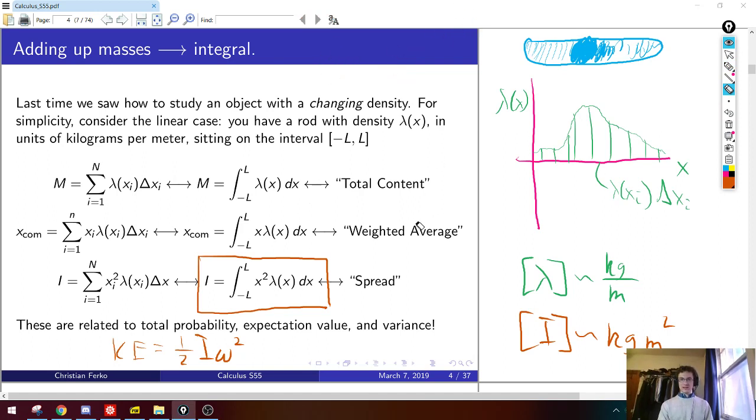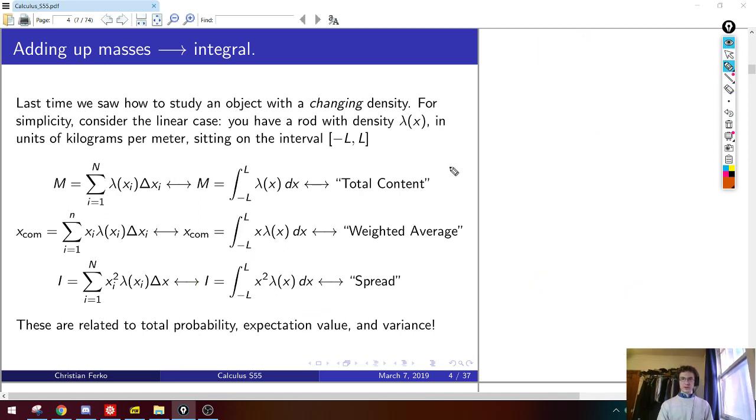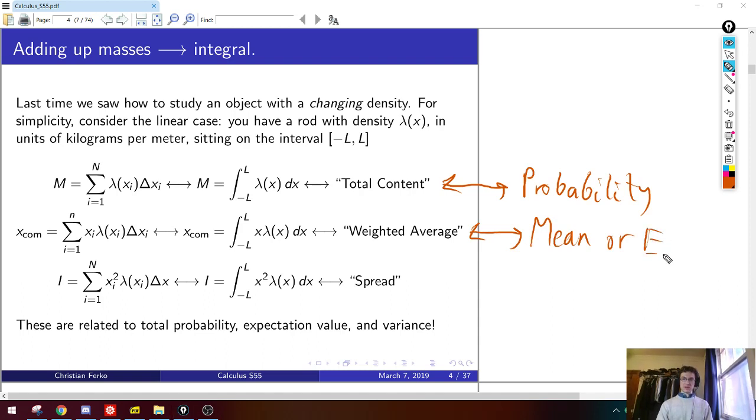Okay. Other thoughts on this quick review? No. Okay. All right. This same structure we will see later today, and these are going to correspond when we get to probability distributions. Mass is going to be total probability, and then this weighted average is really just going to be the mean of a probability distribution, or we sometimes say expectation value.